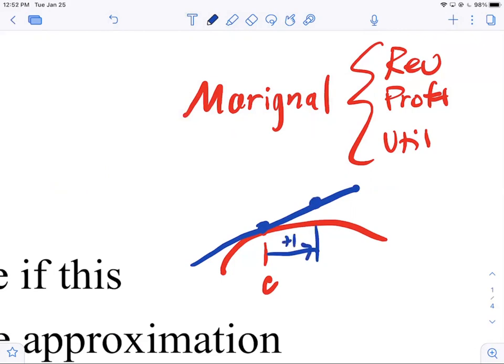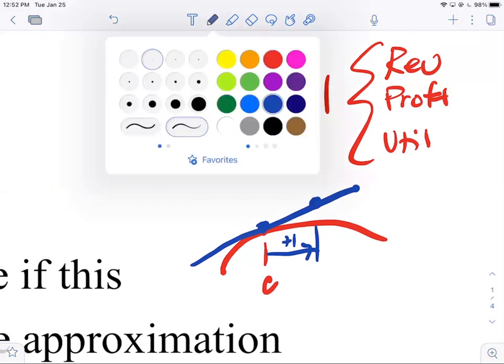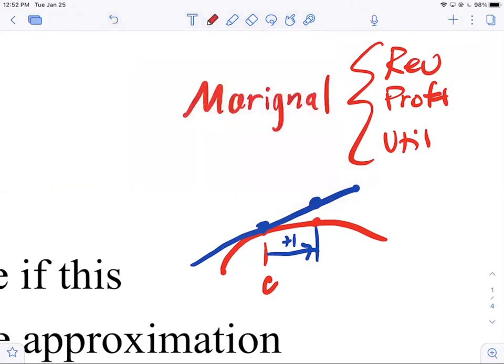And you're using the tangent line value to approximate what the actual value is, because you don't necessarily want to produce that very next unit and then realize, oh crap, my profit dropped by a gazillion dollars, right?